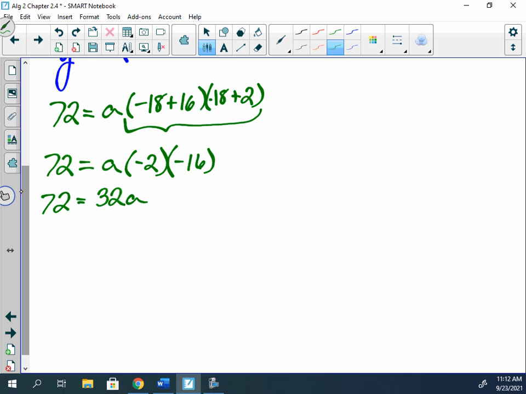Now what can we do next? Divide both sides by 32. 2.25 or 2 1/4 or 9/4. Any one of those would work. Now in an equation, one of those three that we wouldn't use, do y'all know which one it would be?